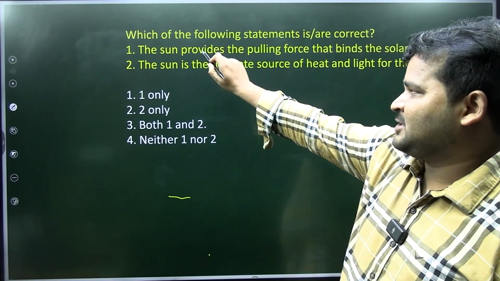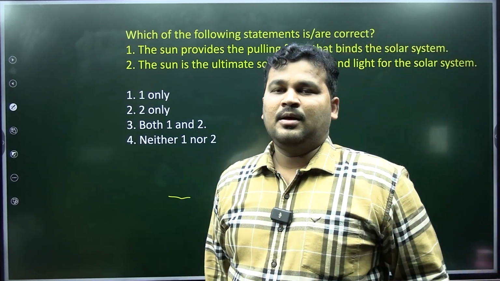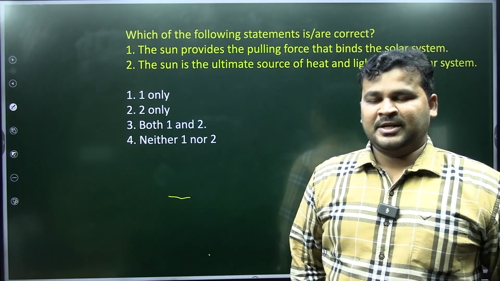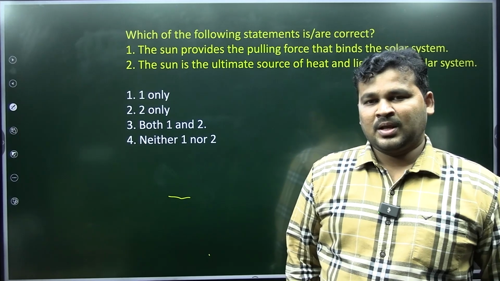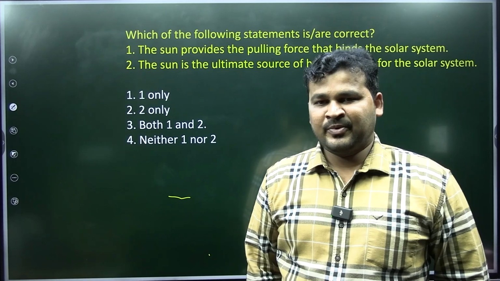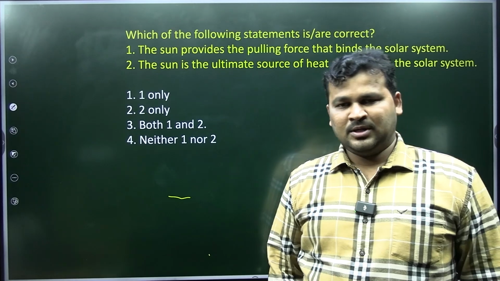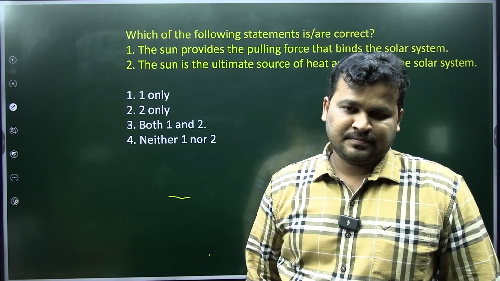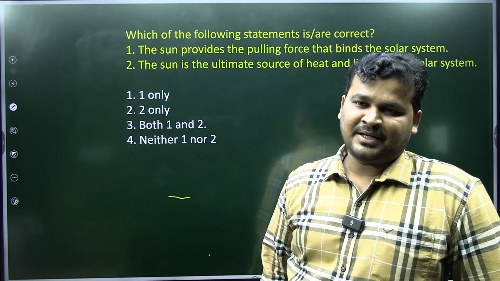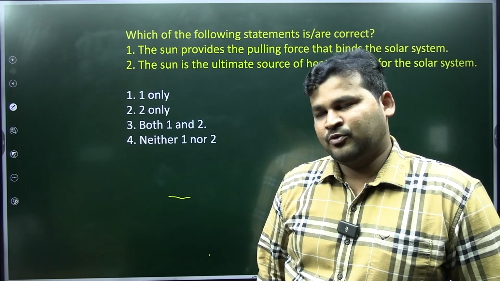Okay, right. The sun provides the pulling force that binds the solar system. Exactly. As we know, every celestial body has its own gravitational force. And if they are rotating, they will exhibit centripetal and centrifugal forces, including gravitational force.